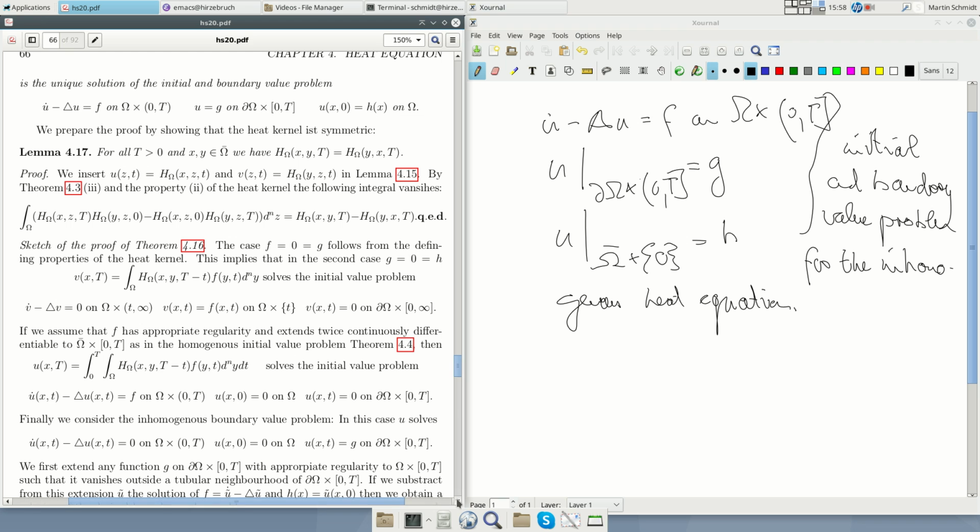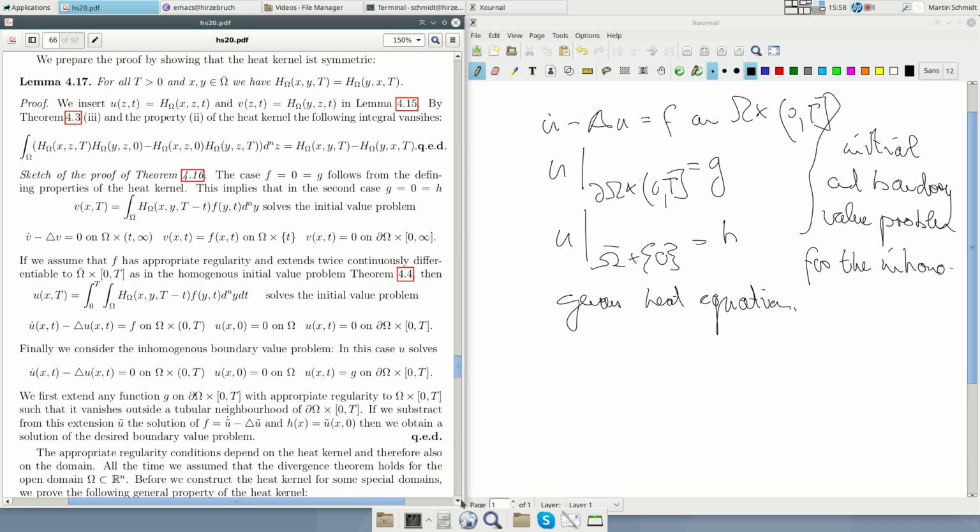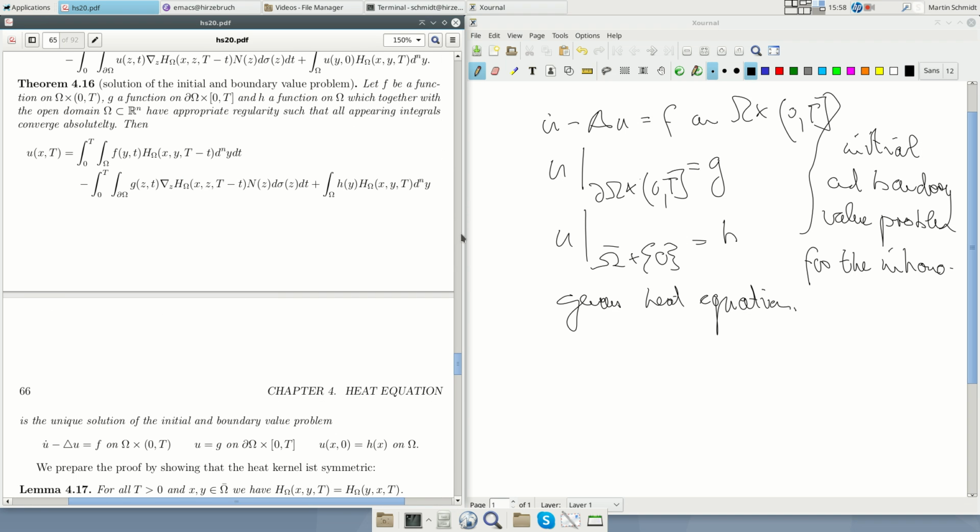Now let's see how the sketch of the proof of this theorem works. We have these three terms here. This term corresponds to F, this term to G, and this term to H. Now first we consider that F and G are equal. Then only this term remains.